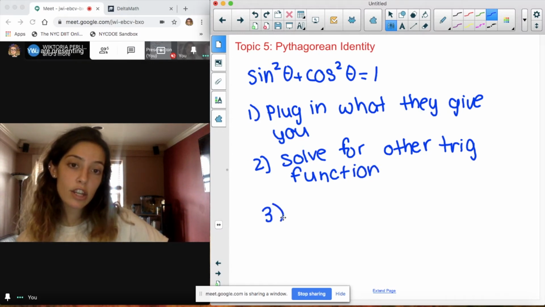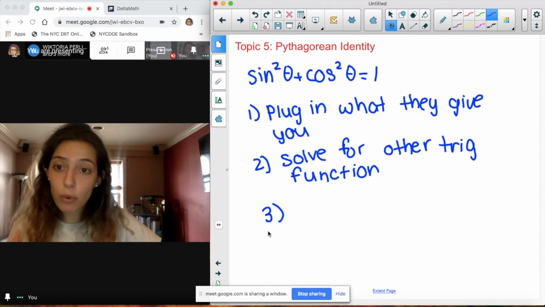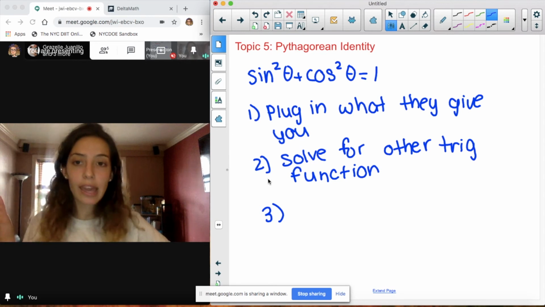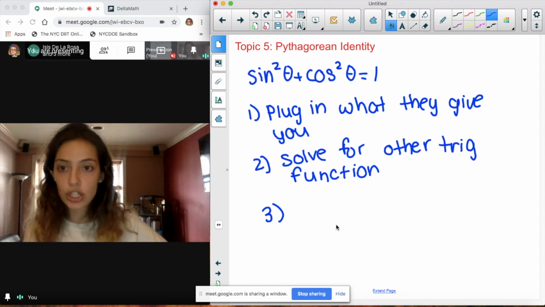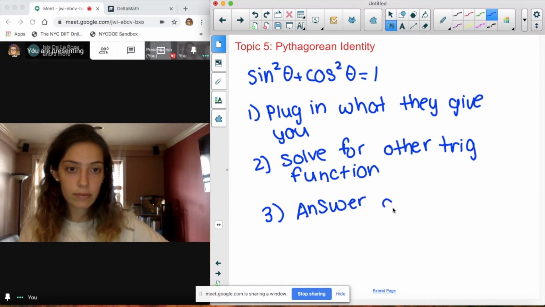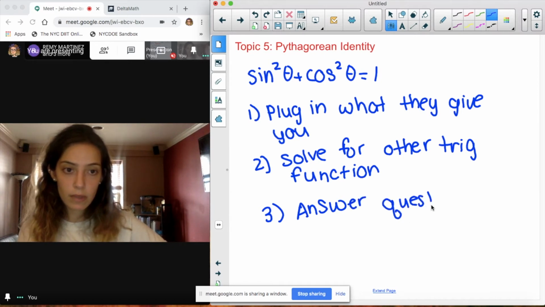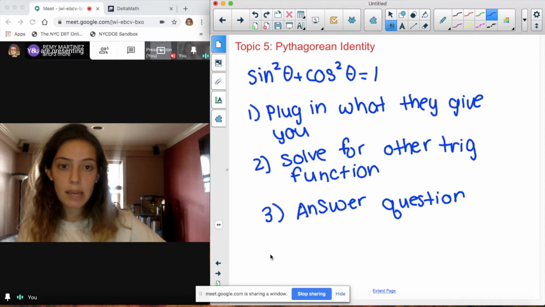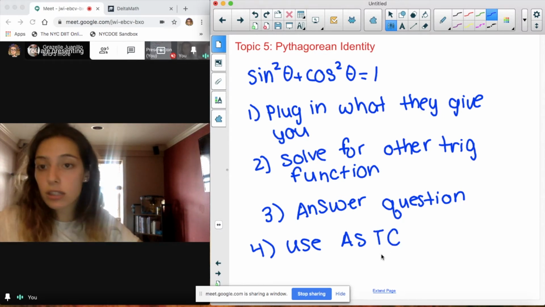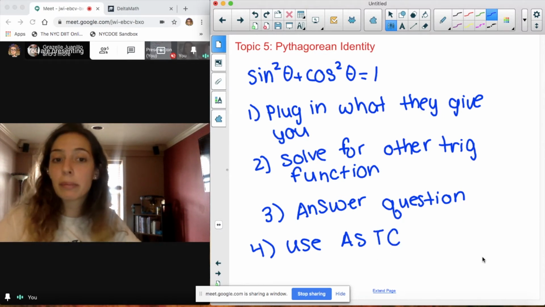And then they might not ask you for sine or cosine, they might ask you for tangent or secant. So just answer the question that they give you. But you have to keep in mind, all students talk constantly. You need to know if your answer is going to be positive or if it's going to be negative.